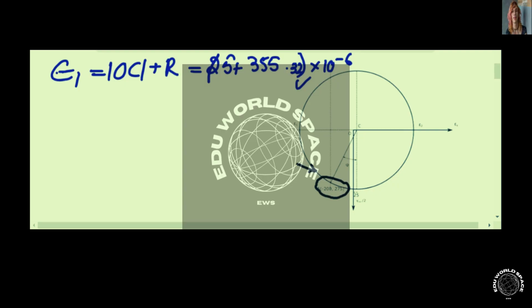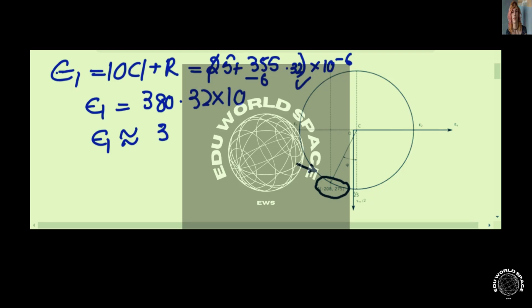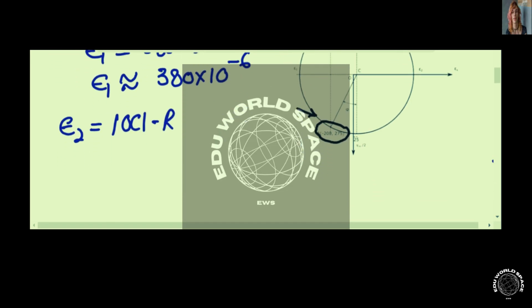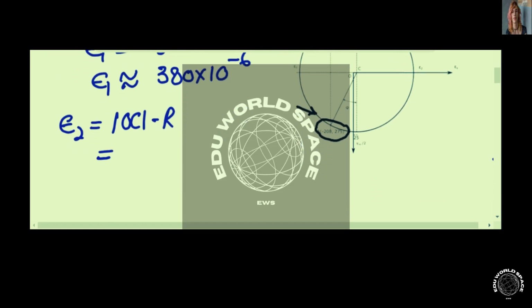So when you calculate it, you get 380.32 into 10 raised to power negative 6, which is approximately equal to 380 into 10 raised to power negative 6, right? Similarly, we are going to find the value of the other principal strain, that is the origin minus the radius. You have the values, you just need to plug them in and you get negative 330 into 10 raised to power negative 6.